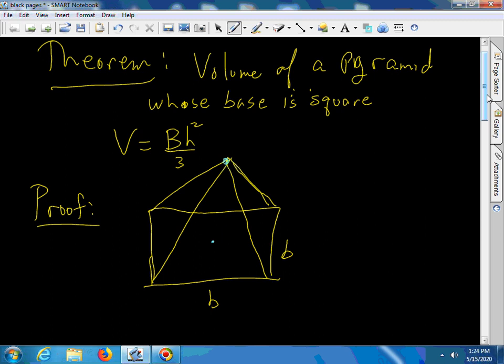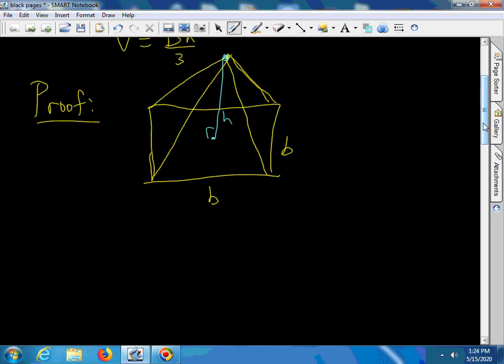Now, the top point is right above the center of the square. That there is the height.